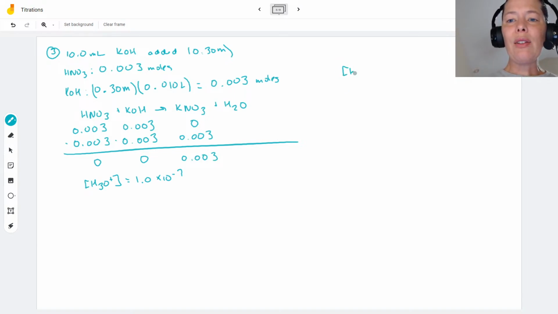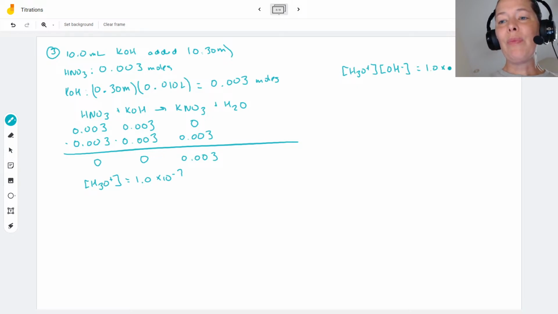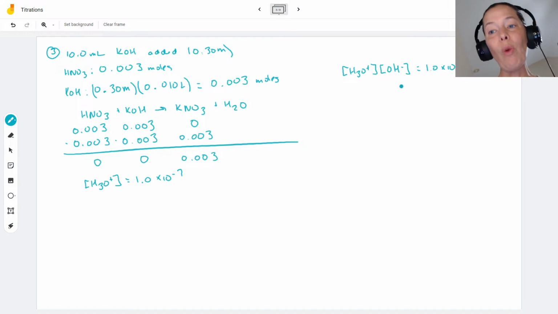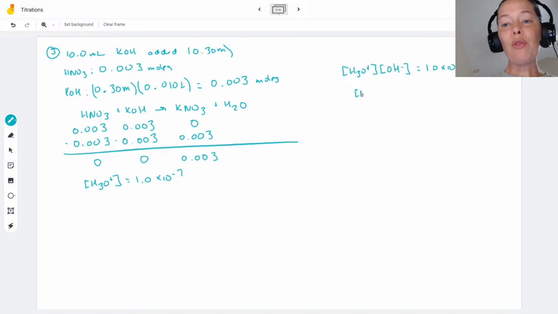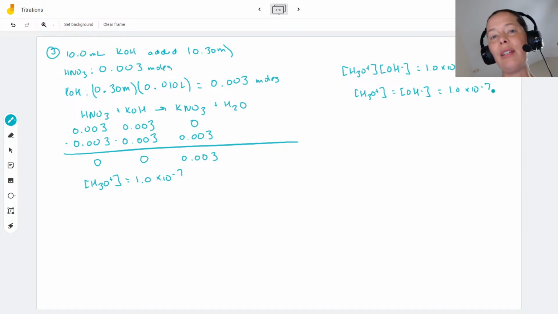Remember that you've got several equations that you use when you're dealing with acids and bases in aqueous solution. So you might remember this equation right here. So again, if you have pure water, both your hydronium and your hydroxide concentration are equal, and they both equal 1 times 10 to the negative 7th.